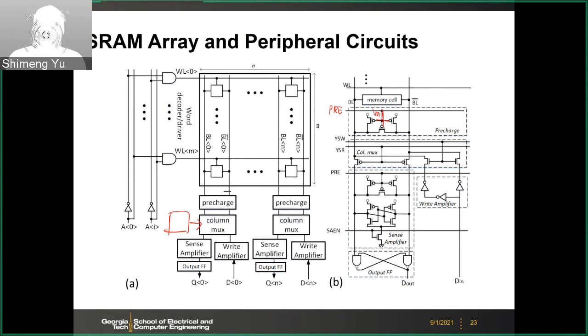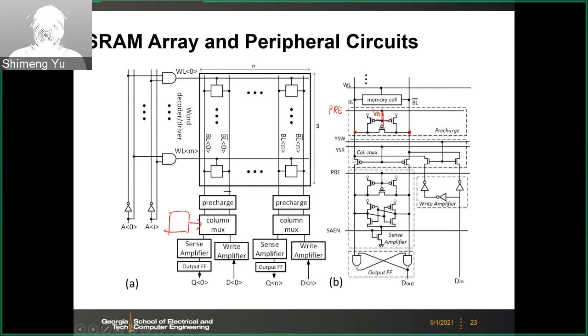If you enable this, the bitline and the bitline bar will be biased to VDD simultaneously, because the middle transistor needs to balance the source and the drain voltage, and eventually once you reach the equilibrium, steady state, there is no current flow from bitline or bitline bar. That means both bitline and bitline bar reach VDD. So those 3 transistors help you to equalize the voltage between bitline and bitline bar with VDD.